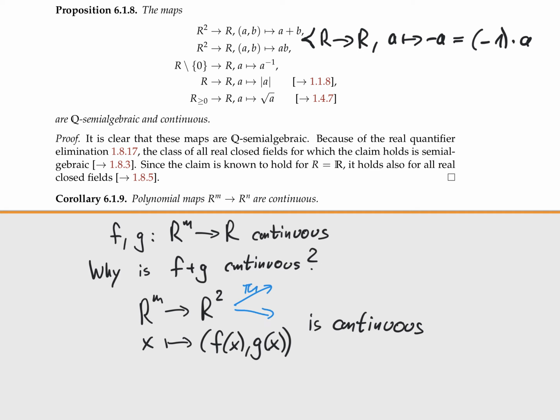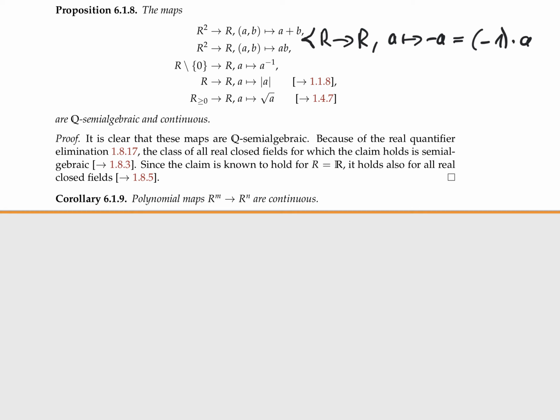I put here the projections, and they are continuous because the two composite maps are x goes to f(x), that's f, and x goes to g(x), that's g, and they were continuous. And the same thing for the multiplication. Okay.